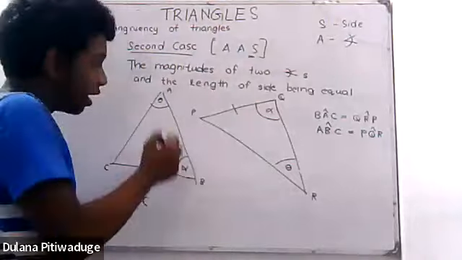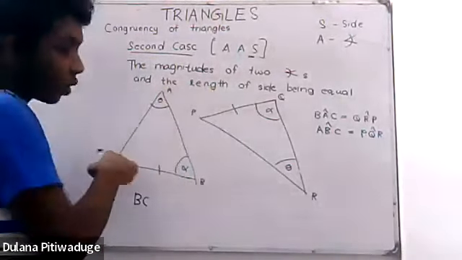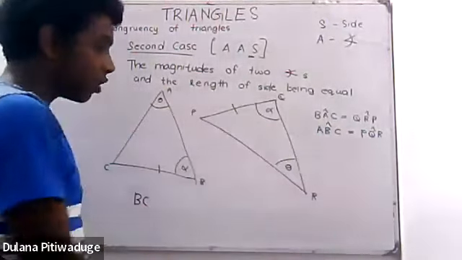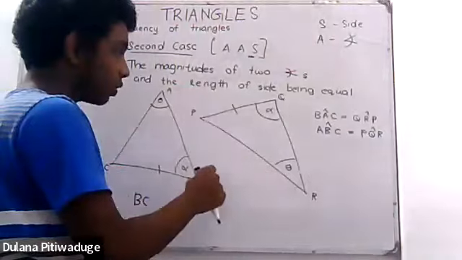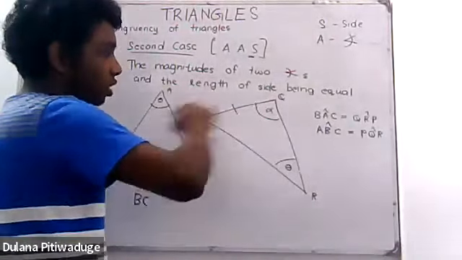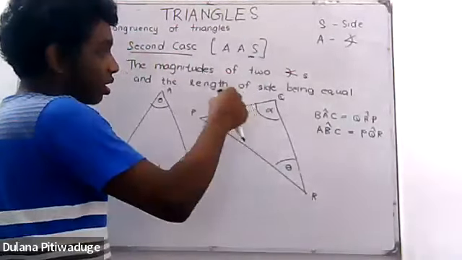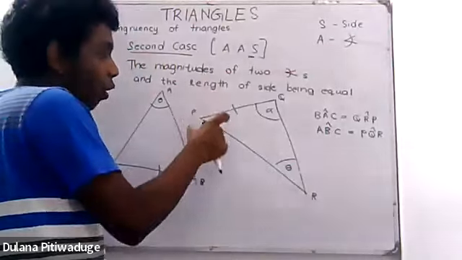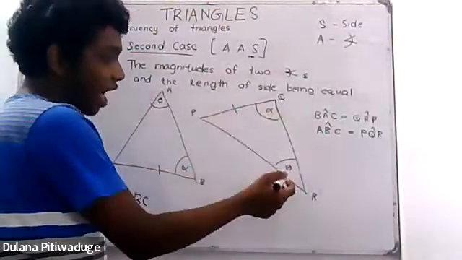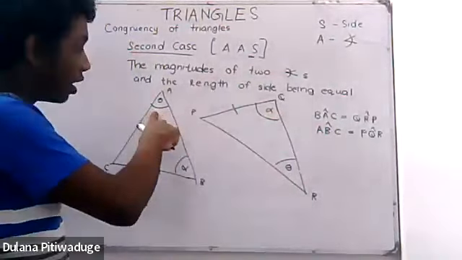Now, when considering the side over here, BC is the side in front of angle BAC, or the side in front of theta. Similarly, in the other triangle, for the case to be true, the corresponding side should be the side in front of the equal angle of the earlier triangle.